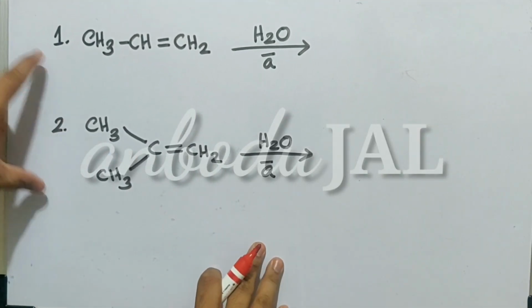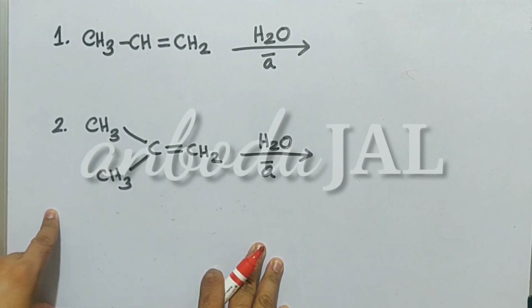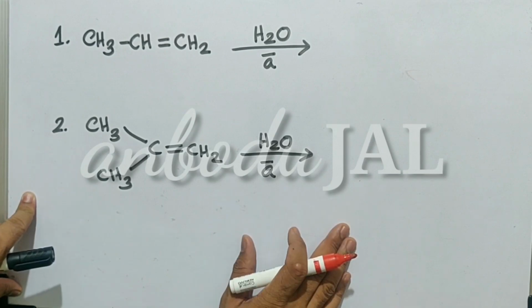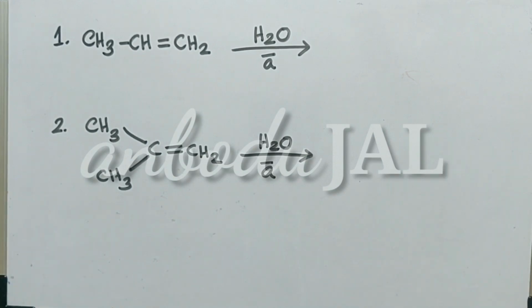Okay, now I have given two questions here, but this is not hydrohalogenation but hydration, addition of water. Addition of water in the presence of dilute acid is also an example of electrophilic addition. The same method, that is Markovnikov addition, takes place in this case also.